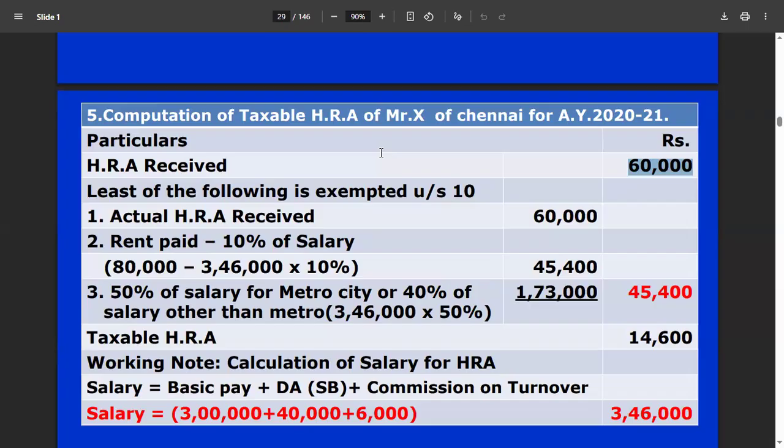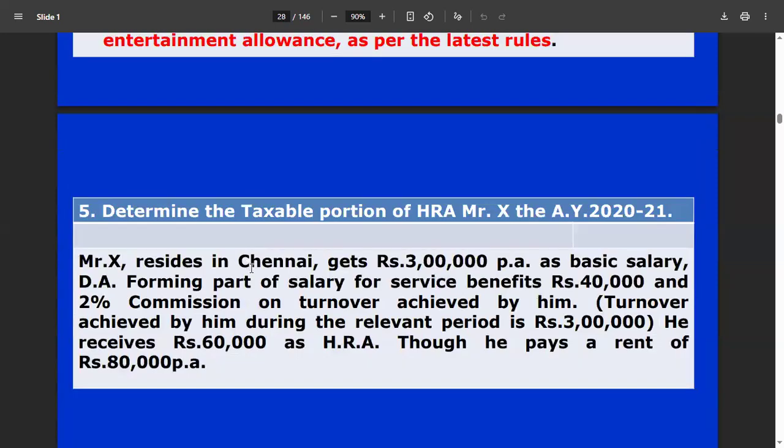Okay, I'll explain the calculation part. He is from Chennai, so he gets a metro city. His basic salary is 3 lakh per annum and DA is 40,000. He gets 2% commission on turnover.